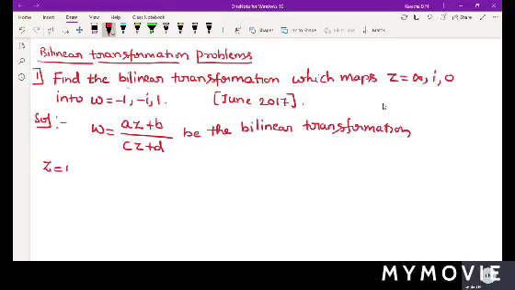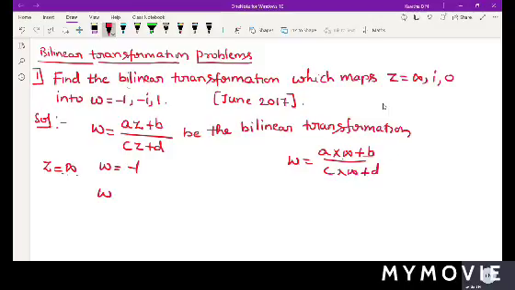First take z is equal to infinity and w is equal to minus 1. If you apply the infinity here, w is equal to (a into infinity plus b) divided by (c into infinity plus d).